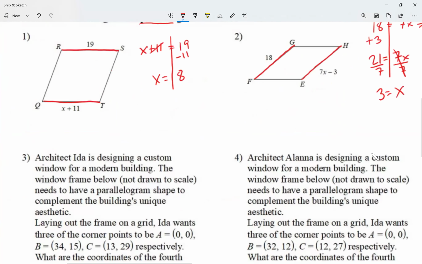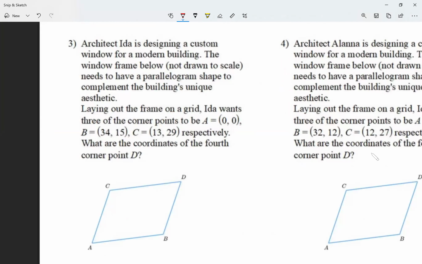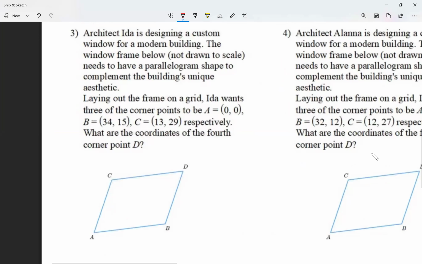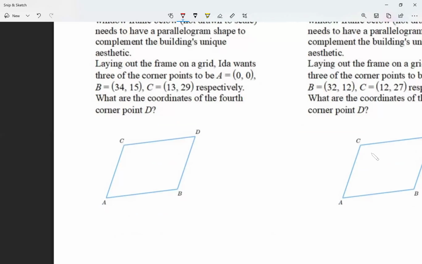Let's take a look at questions 3 and 4. Architect Ida is designing a custom window for a modern building. The window frame below, not drawn to scale, needs to have a parallelogram shape to complement the building's unique aesthetic. Okay, so I have a window that is going to be a parallelogram.